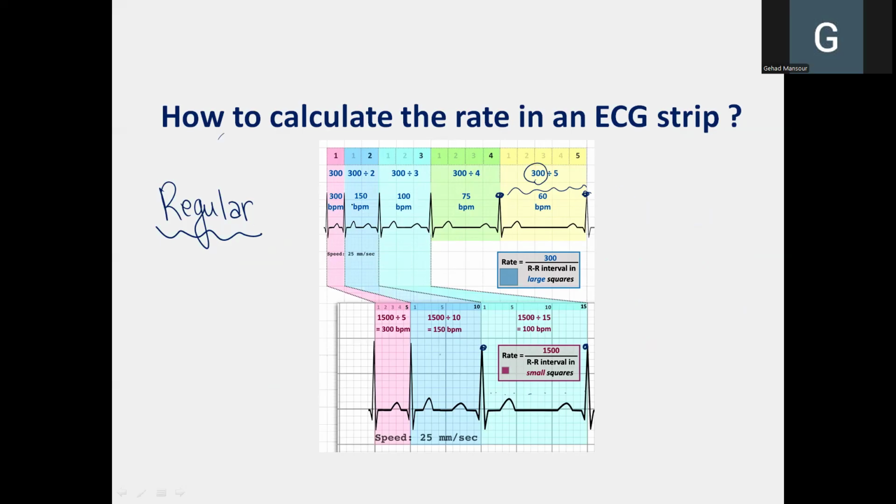Of course, as I said before, this is not one ECG strip. These are pieces of 5 different ECG strips, and that's why you find different rates. So if you have a regular rhythm, meaning that you notice that the distances between the R peaks is the same, then you can use one of these two methods.